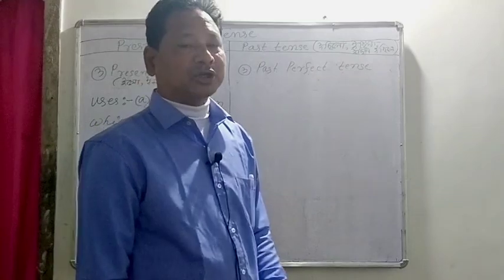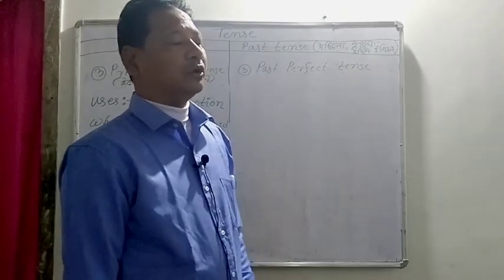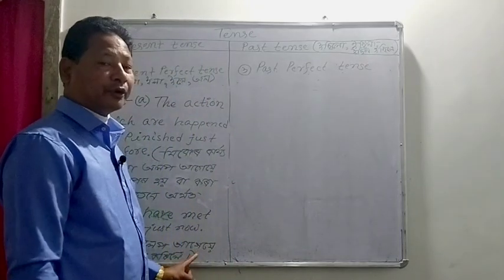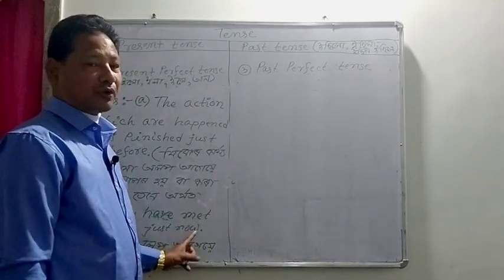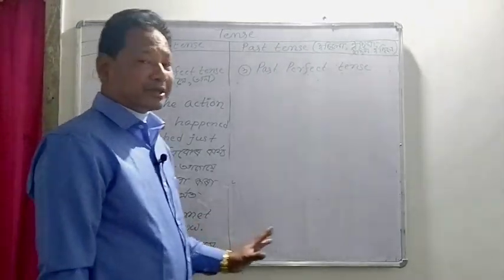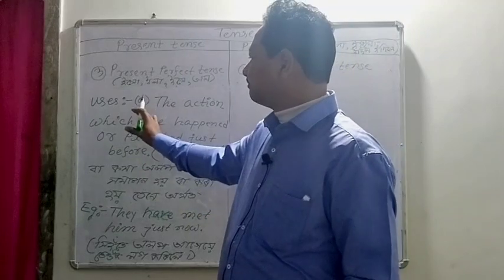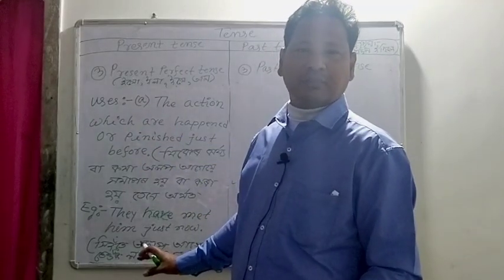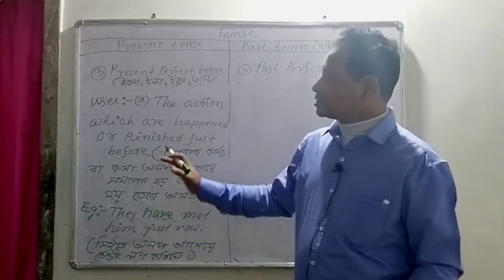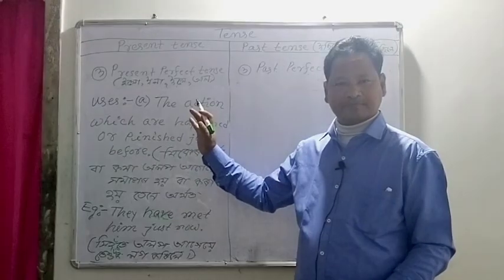The meaning of just now is actually "this moment"; just before is not exactly the same, but both are correct. This is the basic usage of the present perfect tense. Basic usage means you must use the formula of present perfect tense.